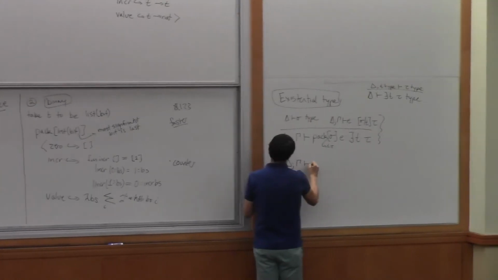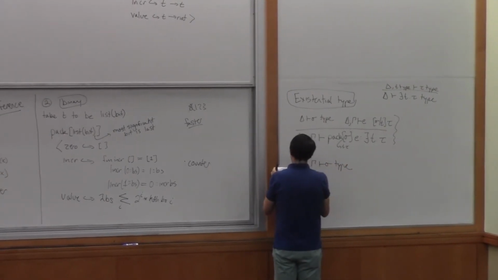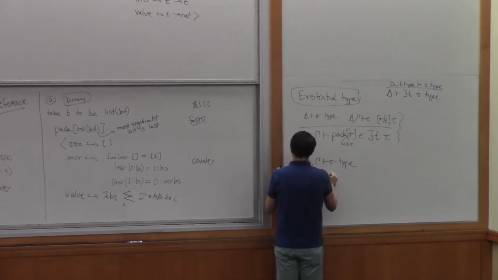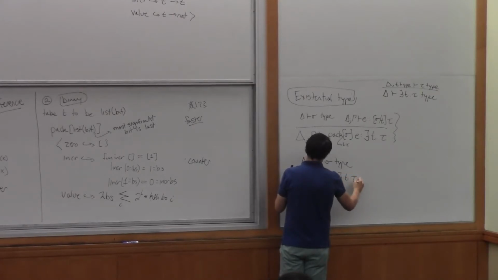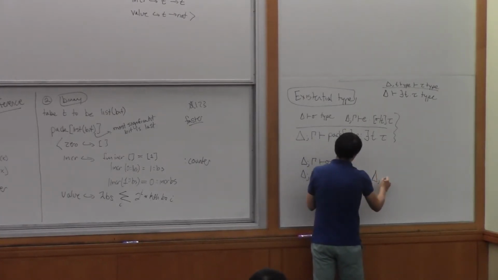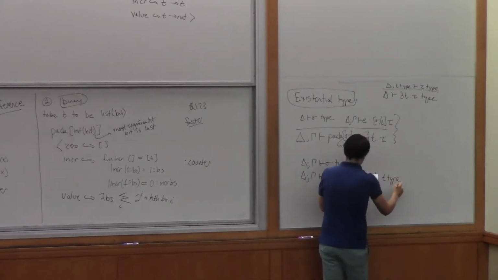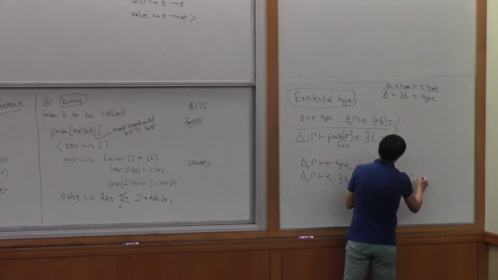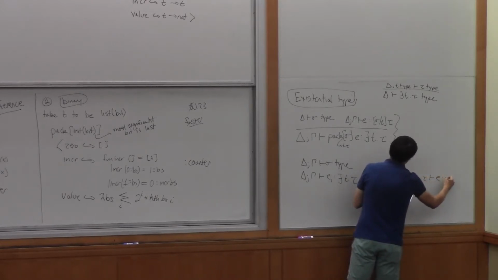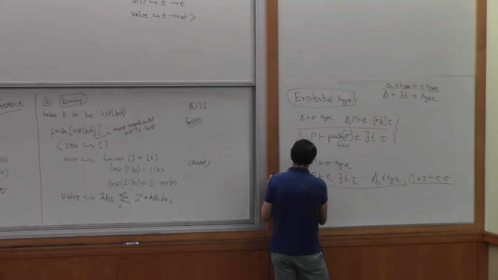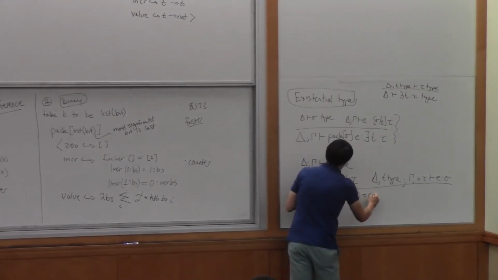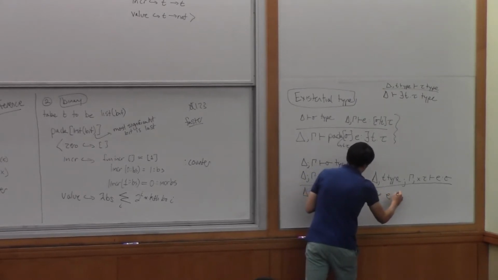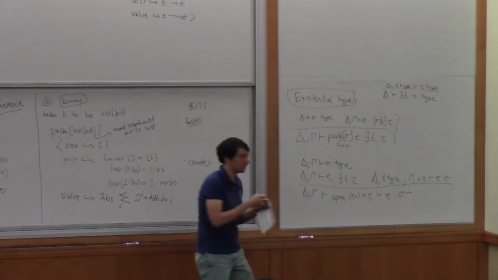If delta gamma proves sigma is a type, and delta gamma proves E1 colon exists t dot tau, and delta t is a type, gamma x colon tau proves E colon sigma, then delta gamma proves open t, x equals E1 in E has type sigma.